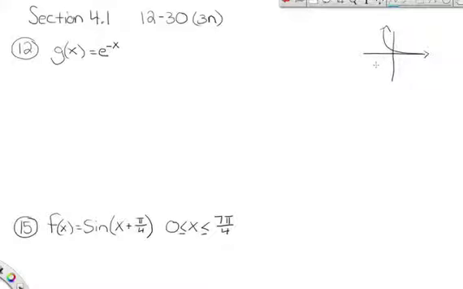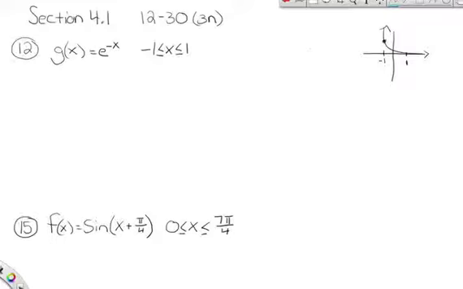Number 12 asks us to look on the interval from -1 to +1, including the endpoints. And so it's pretty clear that we already know the answer. The maximum will occur at -1 and the minimum will occur at +1, and it won't happen at any of the interior points.